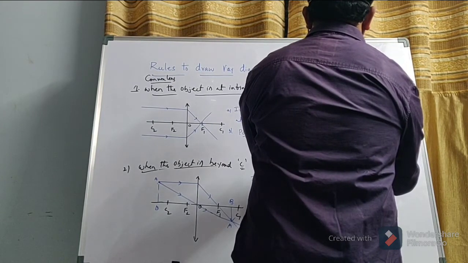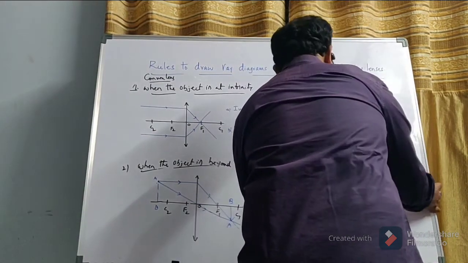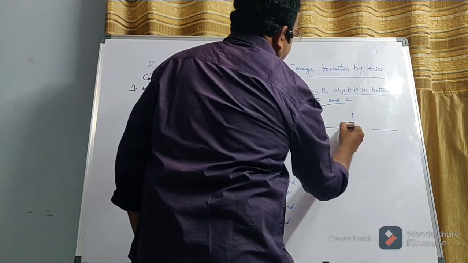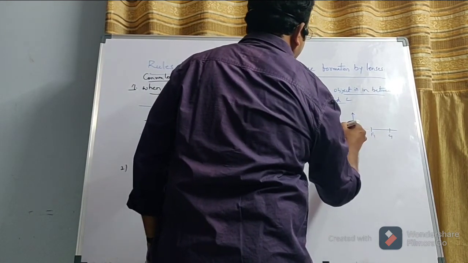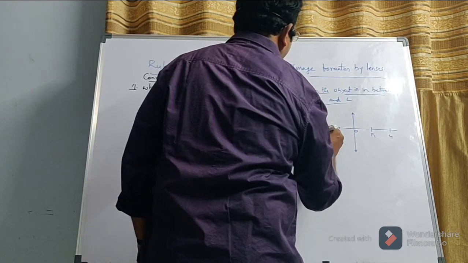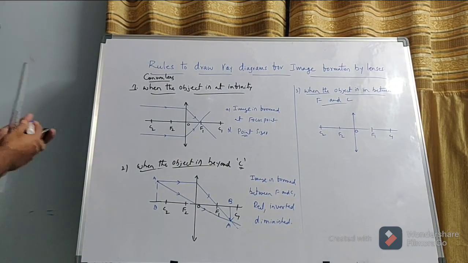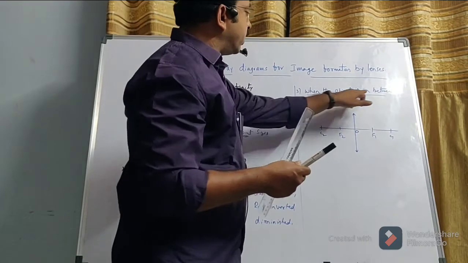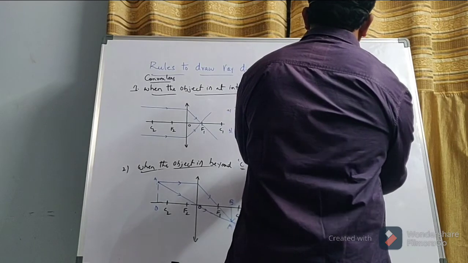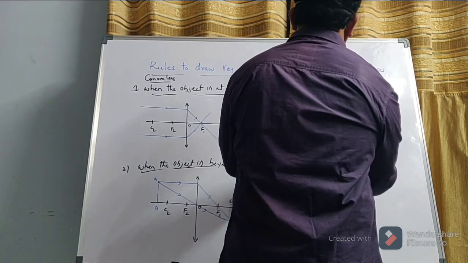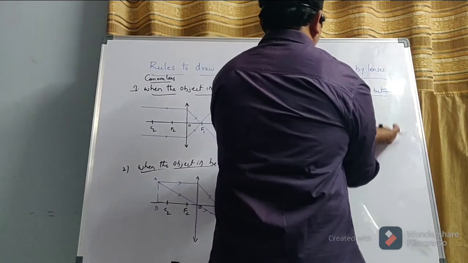Same concept here: this is the optic center, this is F1 and C1, and here also F2 and C2. Now I am giving the object between F and C, like this. This is AB.